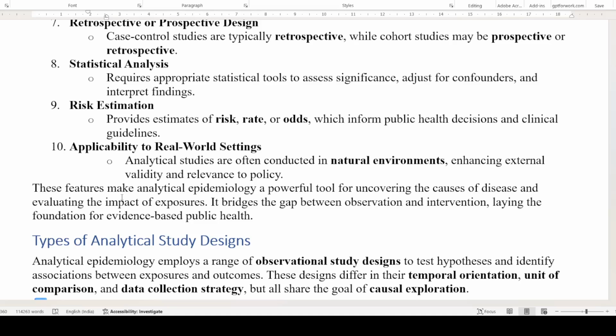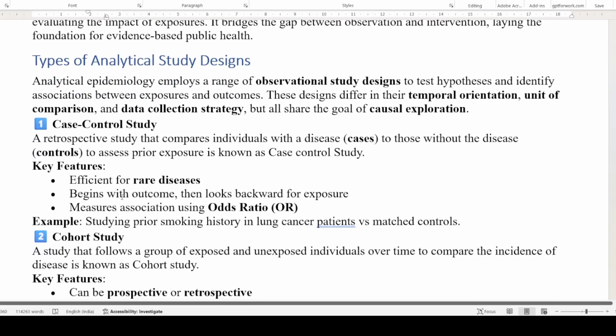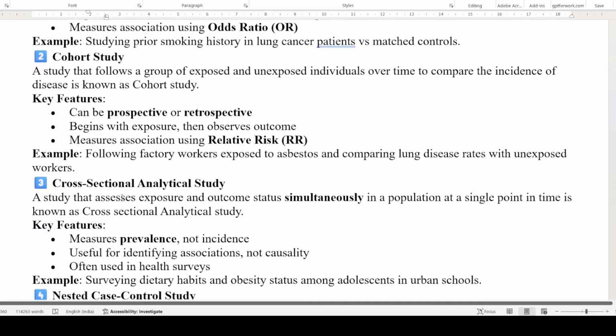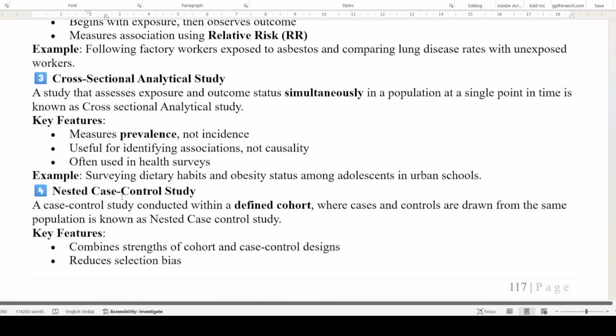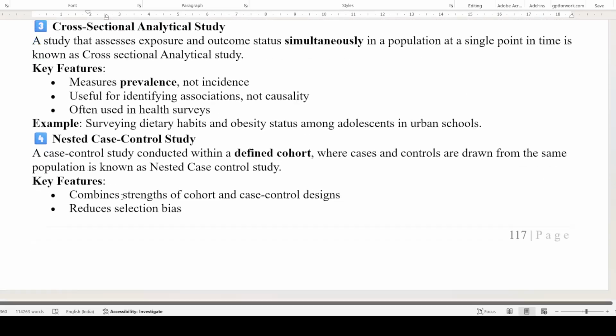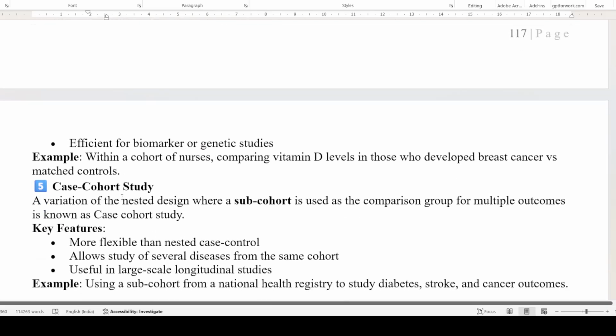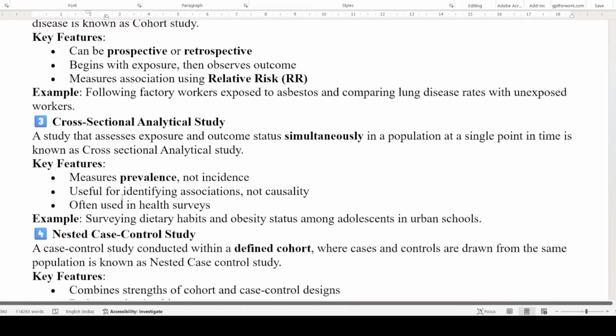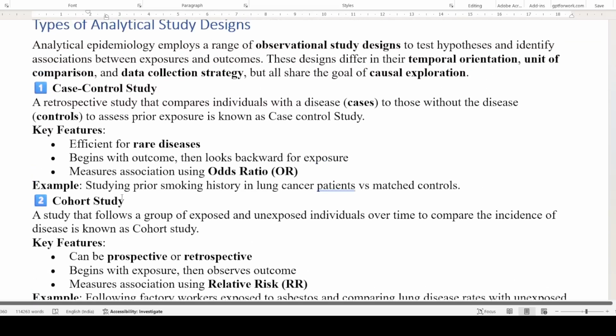Then comes our types of analytical study designs. In types we have case control study, cohort study, cross-sectional analytical study, nested case control study, then case cohort study. Particularly we have basically two, that is case control and cohort study, and then we are just making certain changes in these studies and coming up with new study designs.